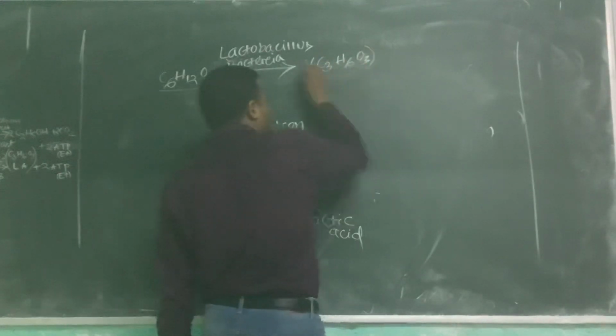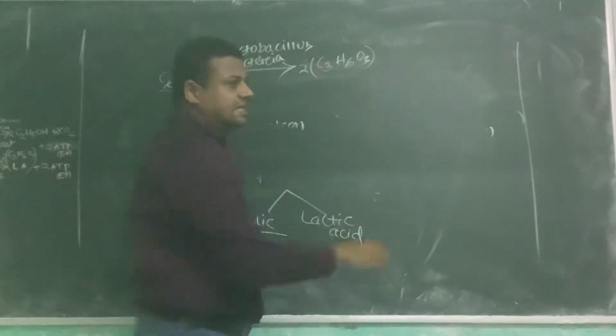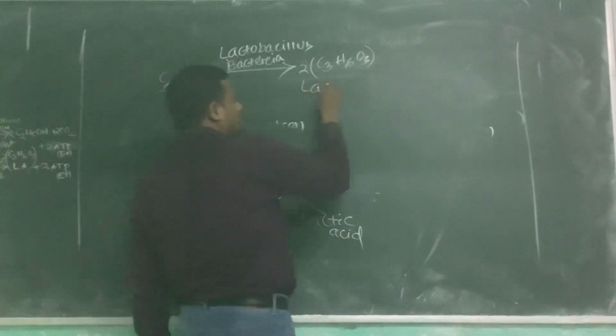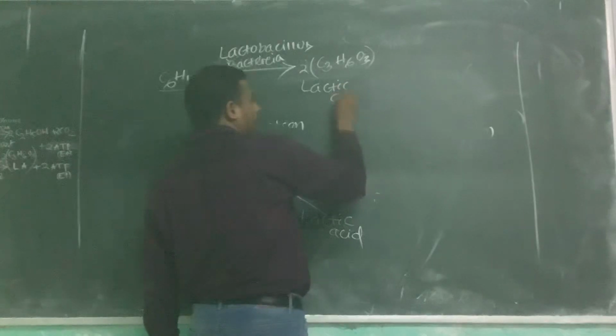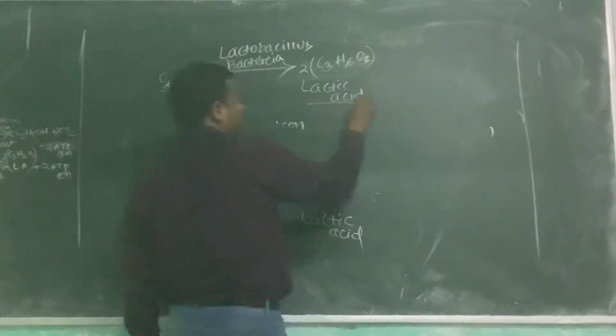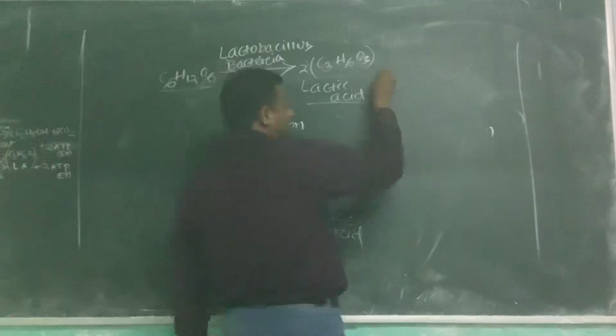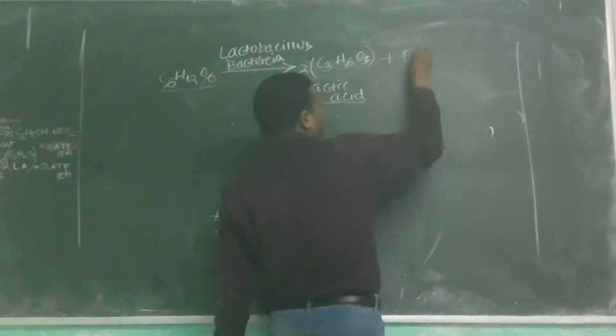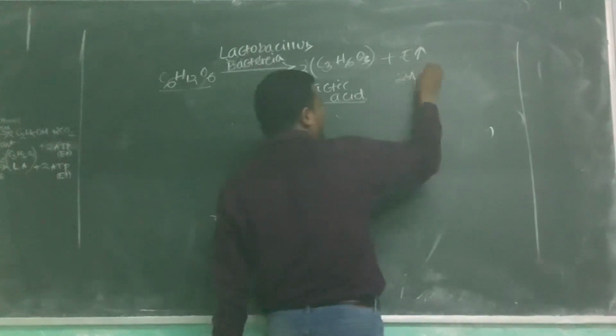Here we find 2 molecules of lactic acid from 1 molecule of glucose as a byproduct, along with 2 ATP molecules.